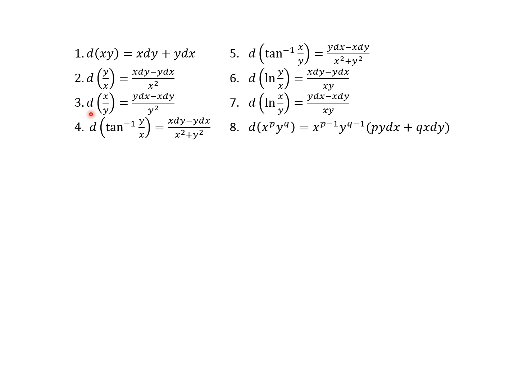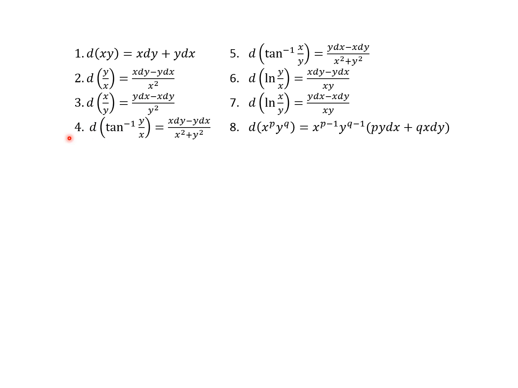The third one, the derivative of x/y, is (y dx - x dy)/y². Look at how this is differing. One is starting with x, the other is starting with y, which is the denominator. Okay, these formulas of course can be derived.